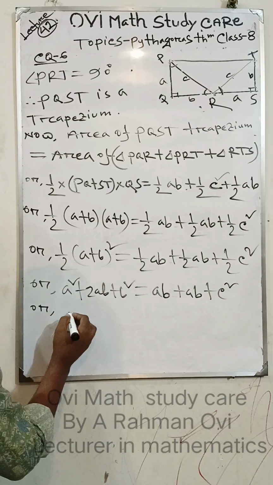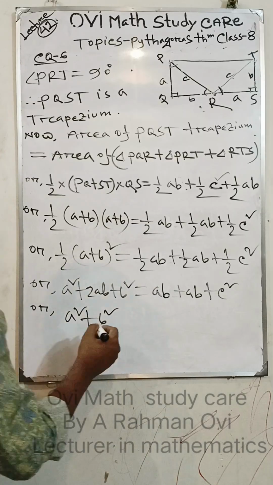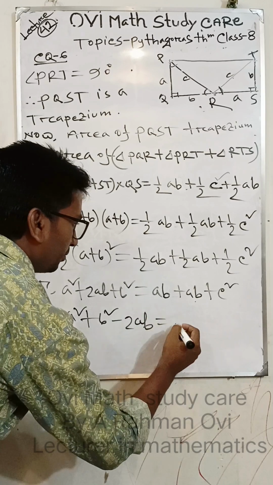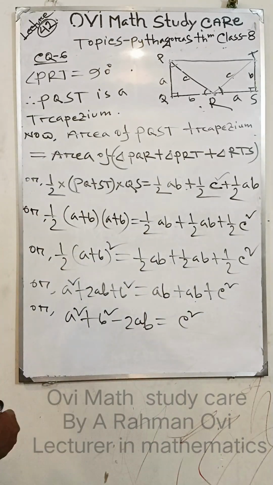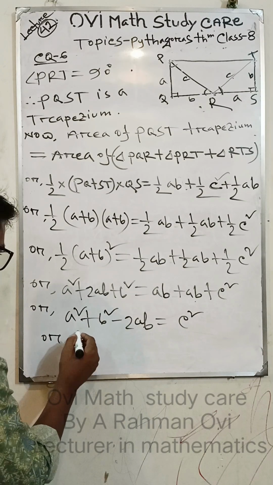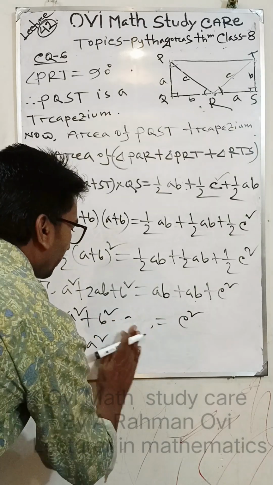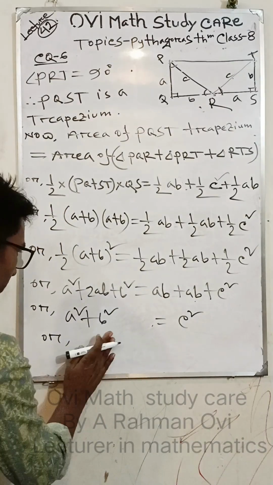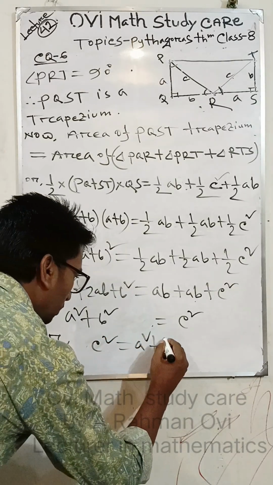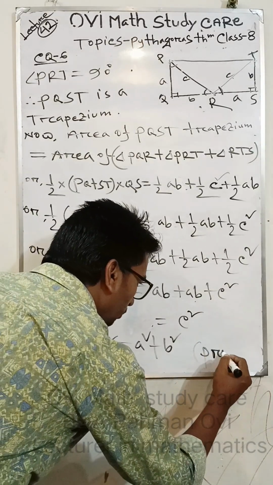Then AB terms omitted, we can write C square equals A square plus B square. This is the proof.